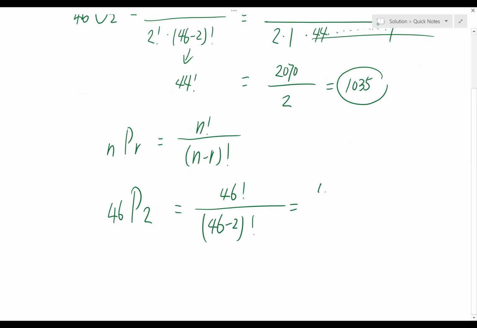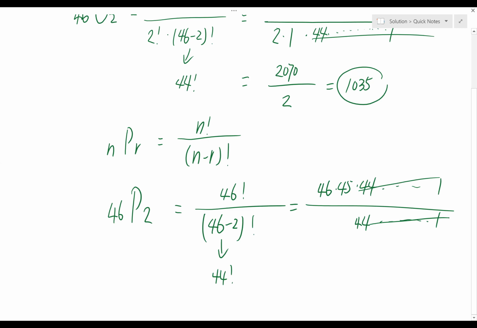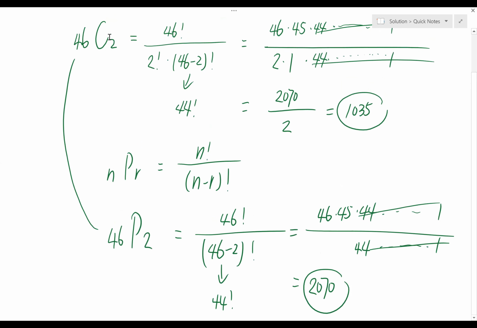So 46 factorial is 46 times 45 all the way to 1. And the other one is 44 factorial, so it's 44 multiplied all the way to 1. Everything after 44 gets canceled. 46 times 45, that's 2070. And that's the difference between the combination and permutation.